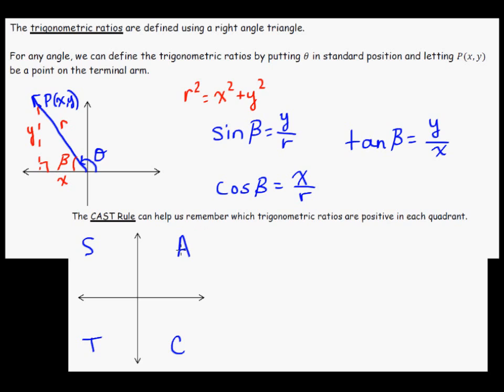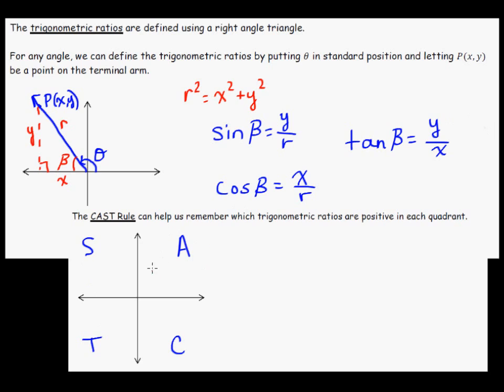One possibility that I told my grade 11s last year: you could use "All Schools Torture Children." Same as the CAST rule, but it's a funny saying that would help you to remember where the A, S, T, and C go, because that one would start in quadrant 1 as opposed to CAST, which starts in quadrant 4, but it's the same letters.